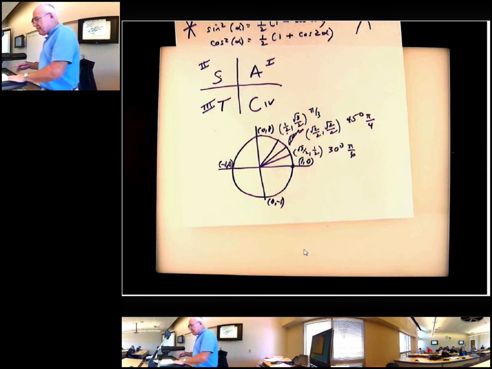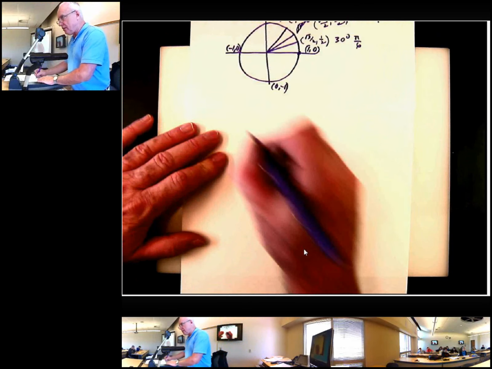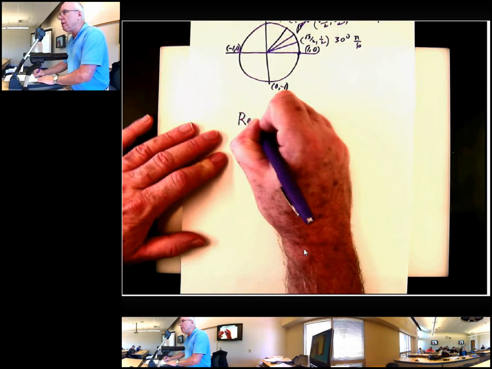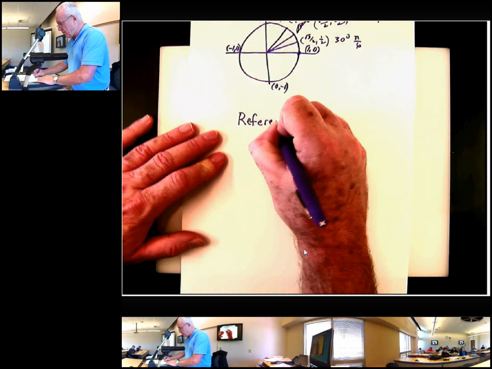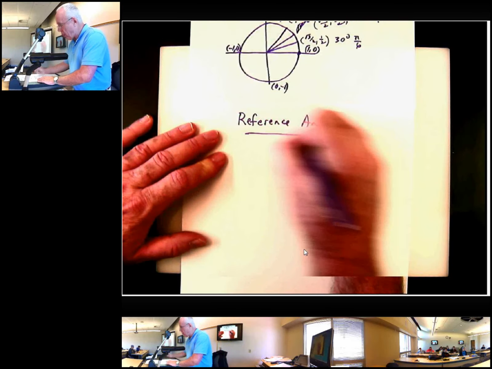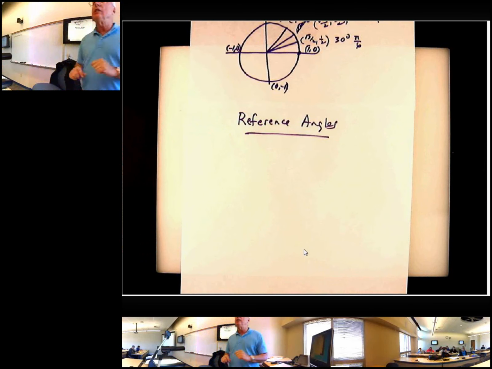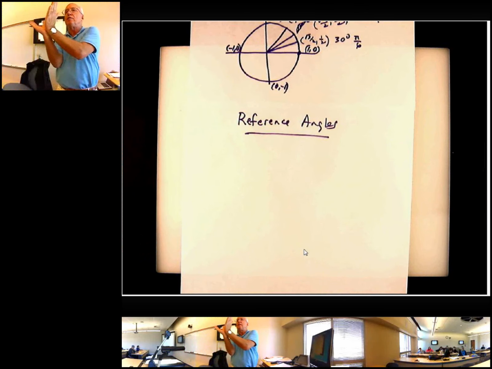The last thing then in this 5-minute trig course is this. It has to do with reference angles. Does anybody remember the term reference angles? That's to help you figure out the sine and cosine of things that aren't in that first nice quadrant.